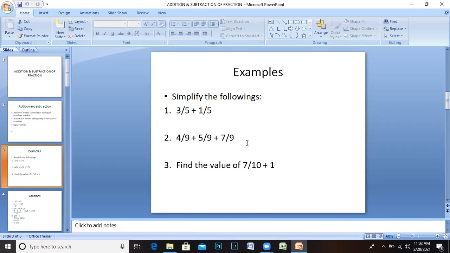The second method is if they have different denominators: the first thing you do is find the LCM, and you will see that in the course of this. But let's try the first example, which has the same denominator.